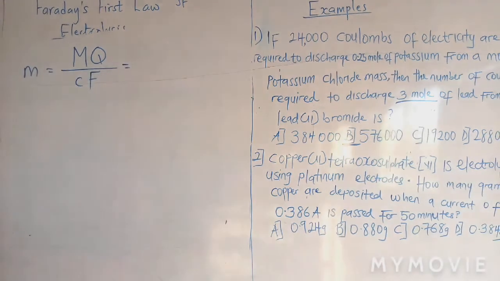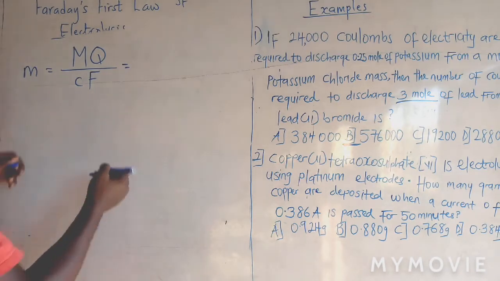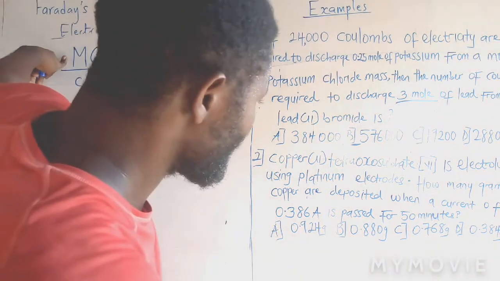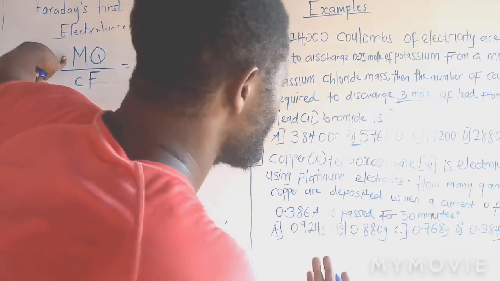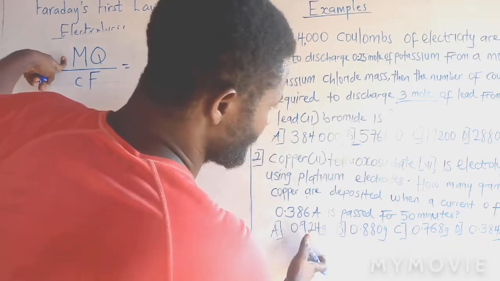Alright. Now for this question, we will need to apply our F to be 96,500. So what is the molar mass? We are not given here. What is the molar mass of copper? Well, I hope the molar mass should be given here, but it is not given.